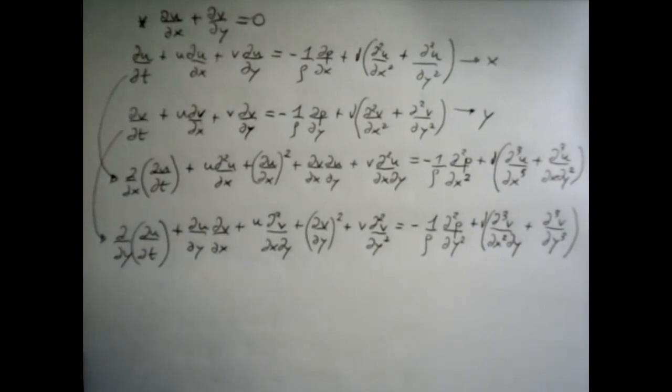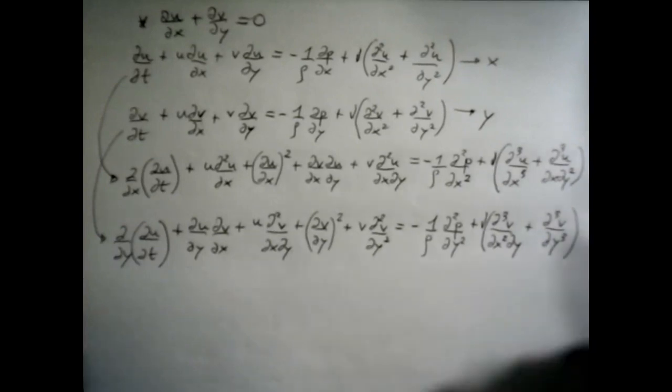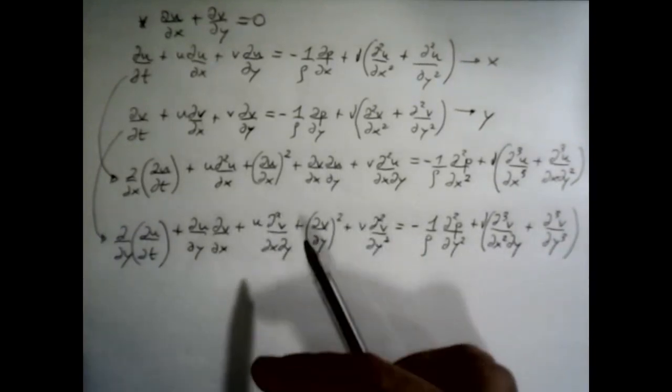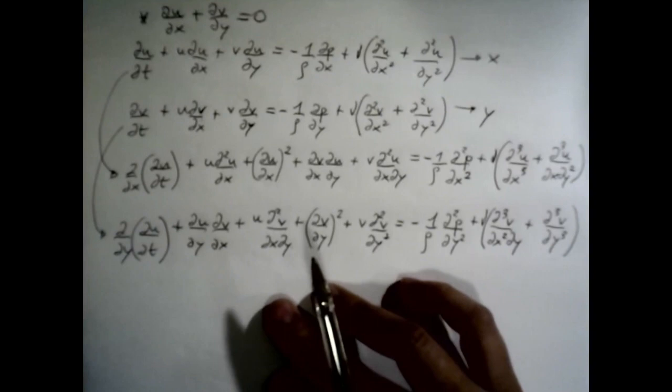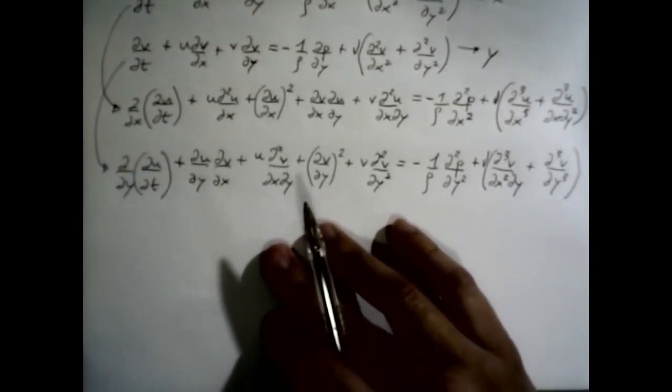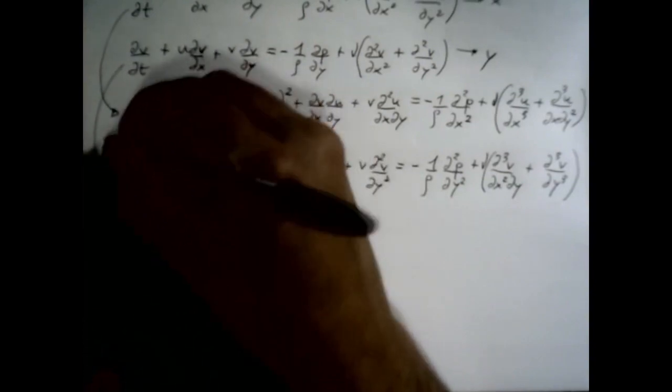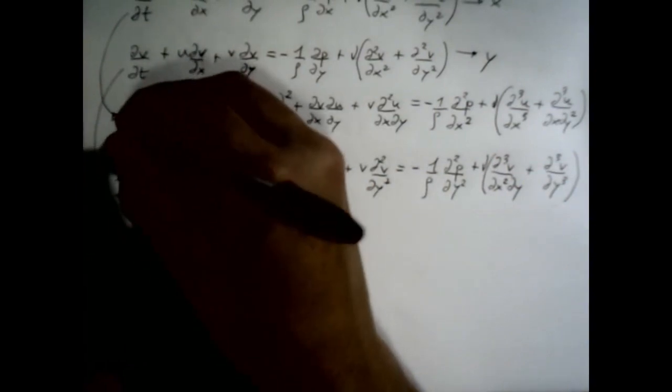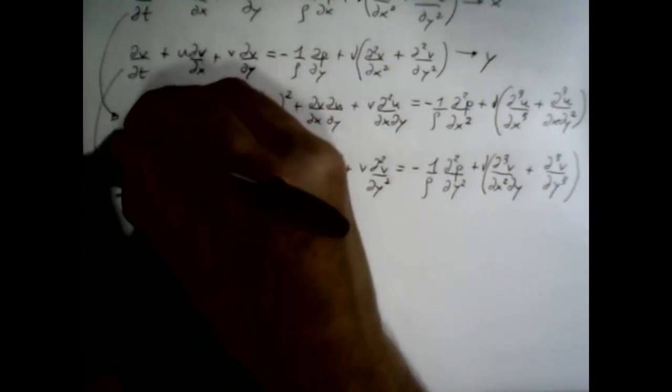So the next step now will be to sum these two equations here and see what we can get. So this one plus this one here, we will sum these two equations. And we get the following.